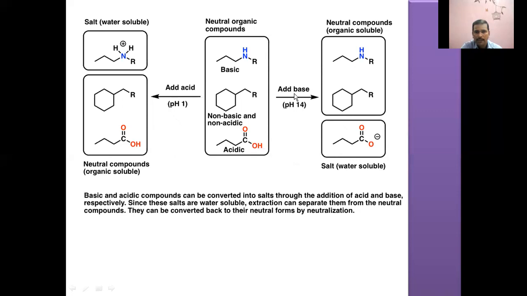The base will react with only the acidic compound. So the acidic compound will be converted into a salt. The salt will be water soluble. So neutrals have been separated from the acidic compound.